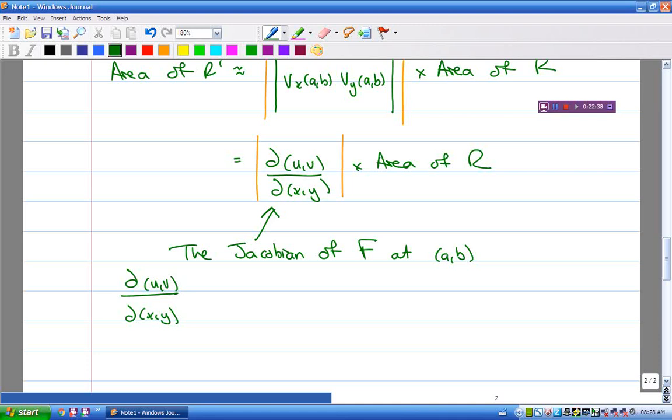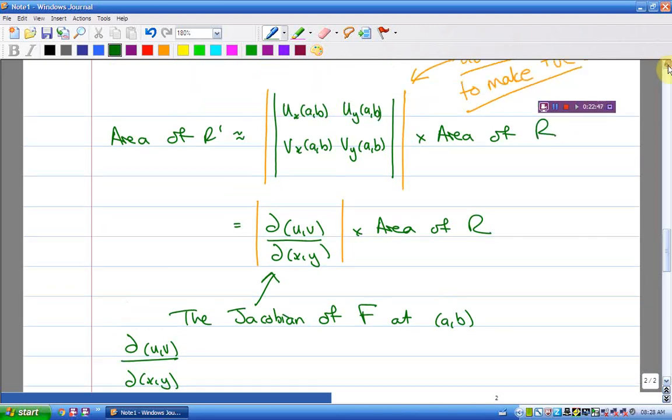What function derivative are you taking? With respect to x and y. Yes. Well, it means that. That is a shorthand notation for the thing up there. So that curly d uv, curly d xy represents the determinant of a matrix, specifically the determinant of the derivative matrix that has 4 derivatives in it.